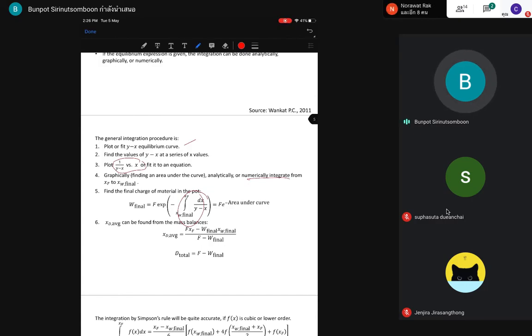In this case, we focus on the area under the curve method. From this, you can solve for W final, and then solve for XD average and D total using these mass balances here.